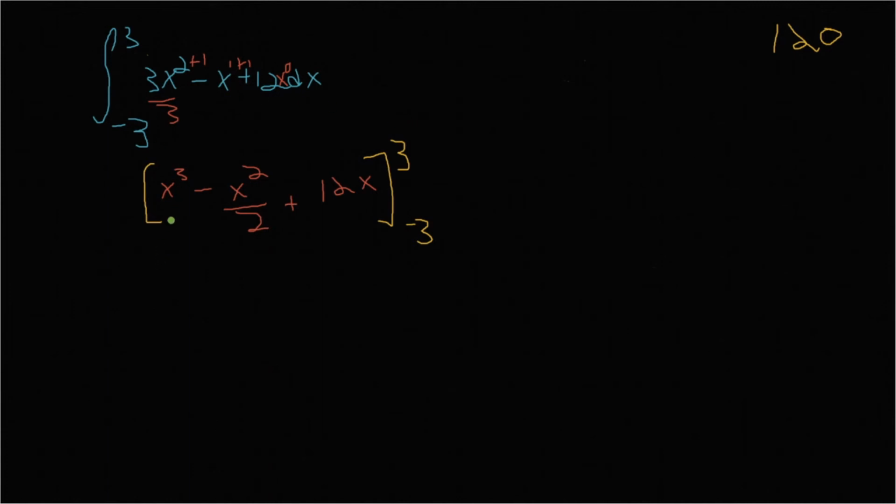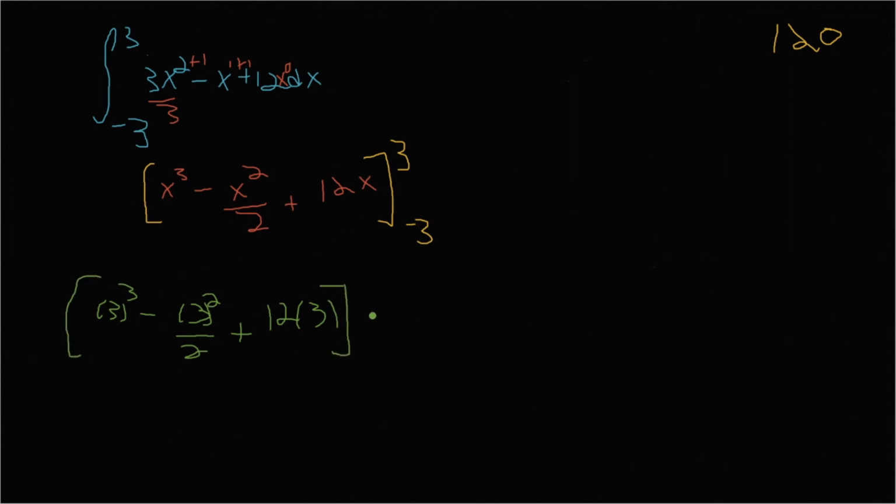So we have x cubed, and we're going to say x is 3 in the first case, so this is 3 cubed minus 3 squared over 2 plus 12 times 3. And so this is the top bound.